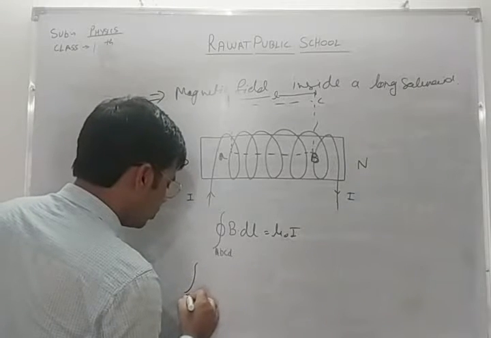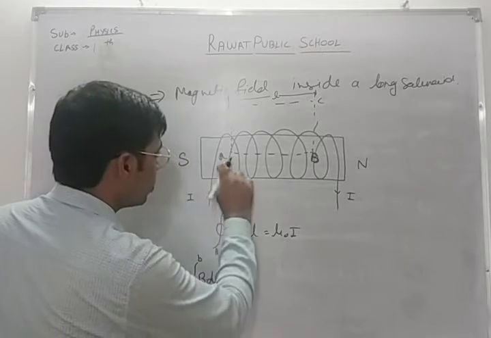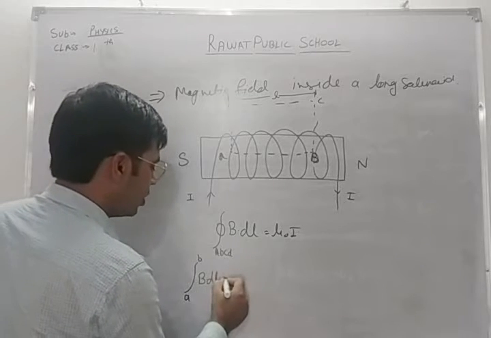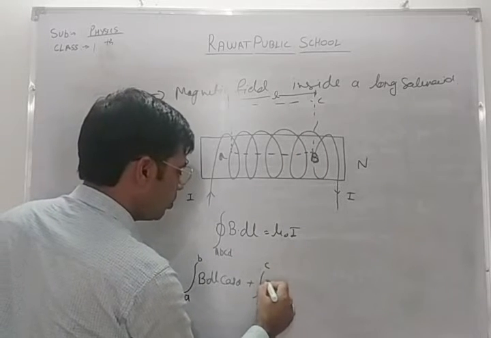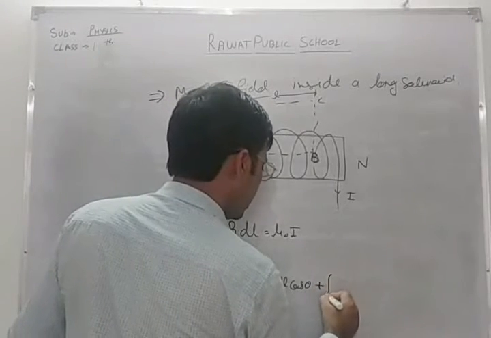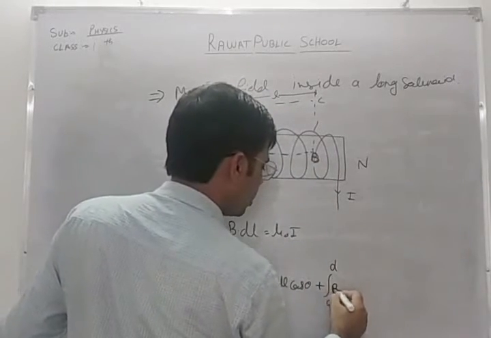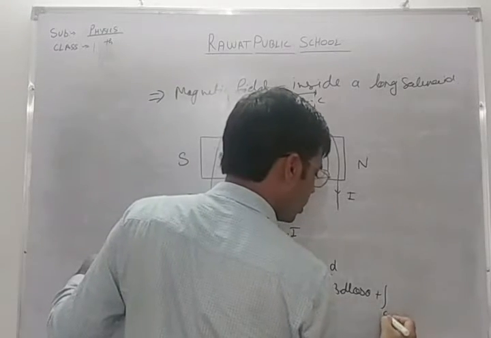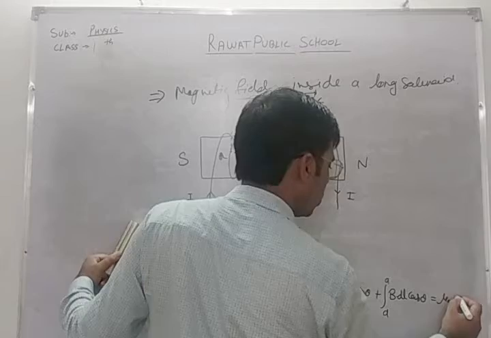So, this is from A to B, B dot dl, plus integration of B to C, with this we will be adding a term that is cos theta, B dl cos theta, plus integration C to D, B dot dl cos theta, plus D to A, B dot dl cos theta is equal to mu naught I.